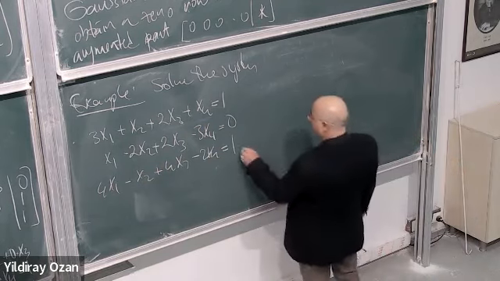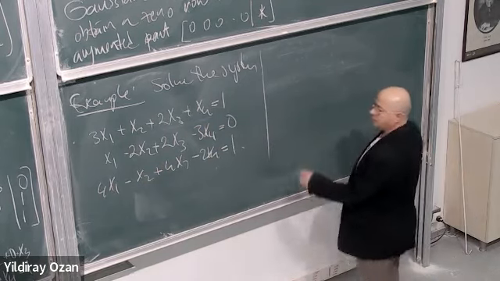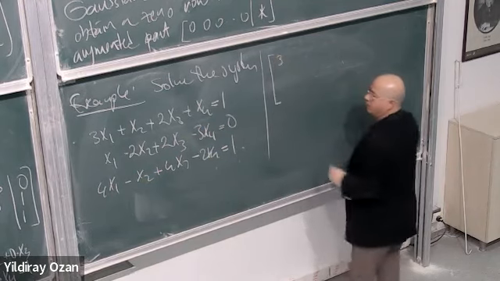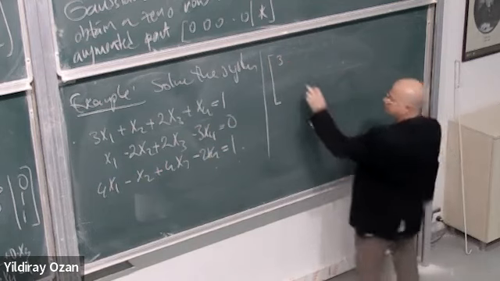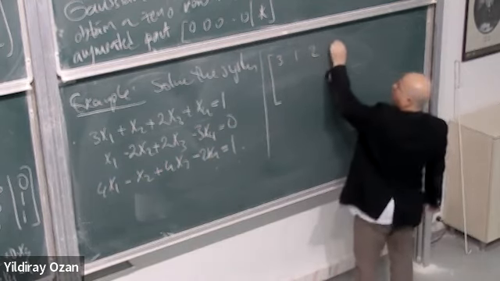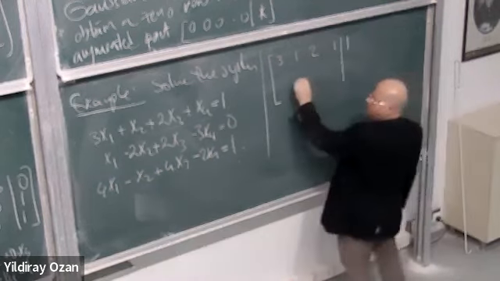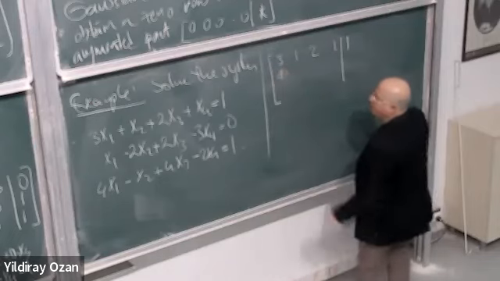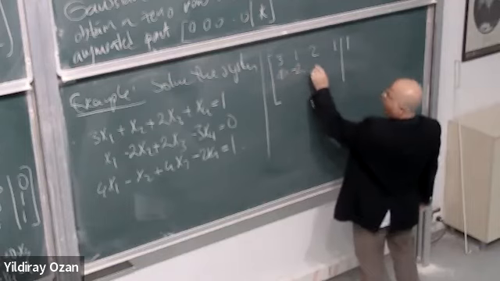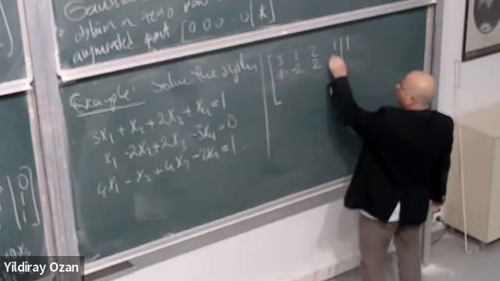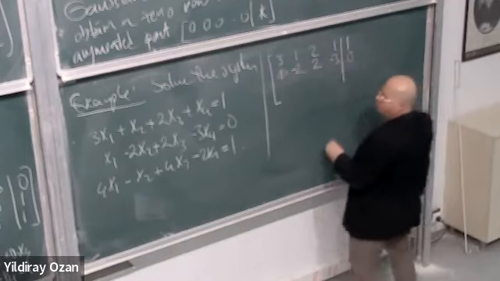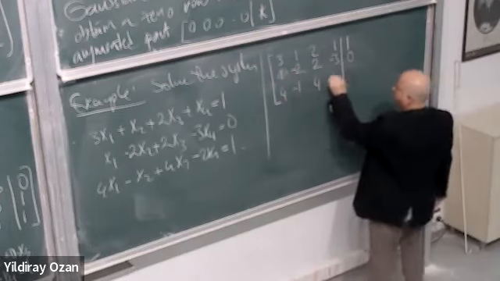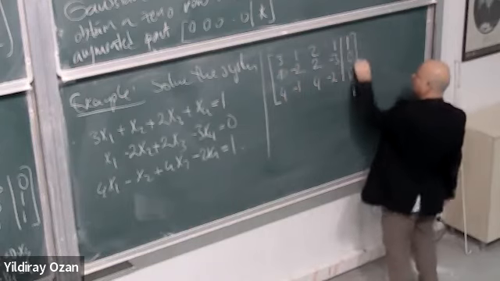So, well, we have, of course, our again augmented matrix 3, 1, 2, 1, 1, sorry, 1, minus 2, 2, minus 3, 0, and 4, minus 1, 4, minus 2, 1.